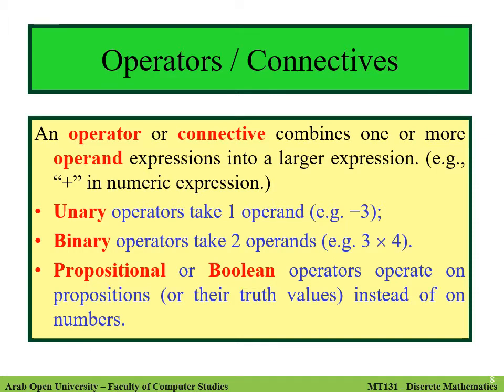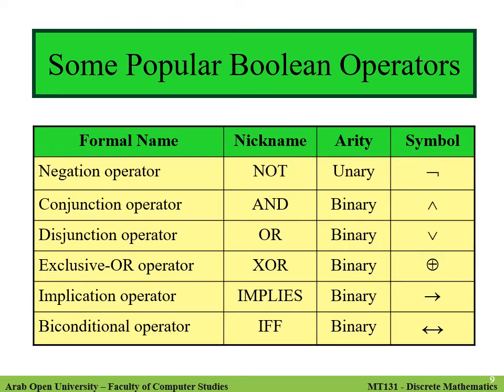Here is a list from your book of the operators that we will use. But these are not the only operators that are used in logic. Depending on the applications and in other fields of science, there may be other operators, but these are the ones we will look at. And we will look at each one of them in detail and give examples of how to use it.